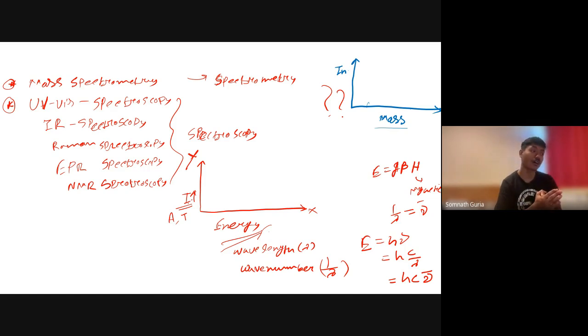And in EPR, in the presence of the magnetic field, the electronic spin state changes from plus half to minus half. Let's suppose the spin is half, only half, and then we have plus half and minus half in the presence of the magnetic field.